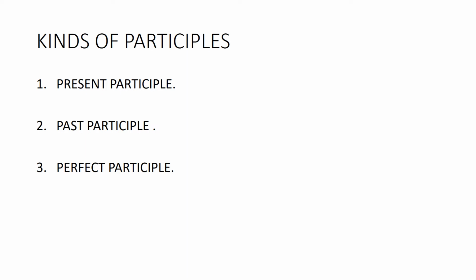Present participles are formed by adding ing to the verb. For example, seeing, reading, writing, flying, laughing, crying.